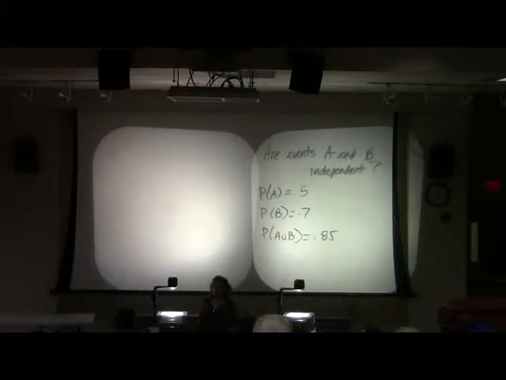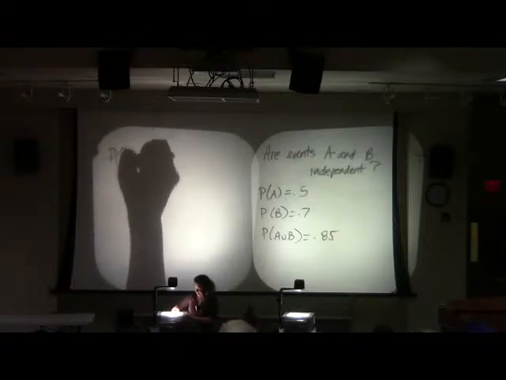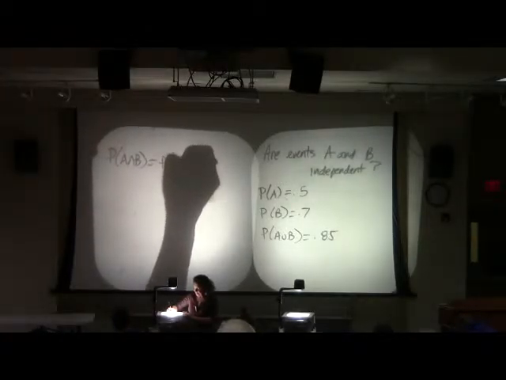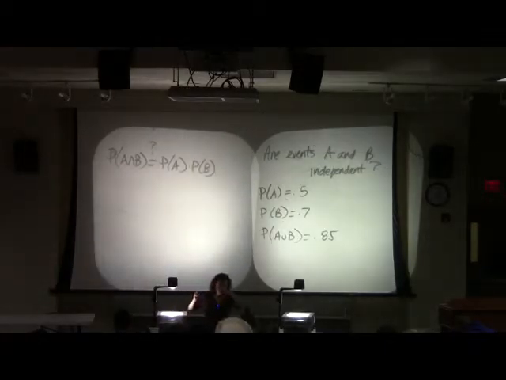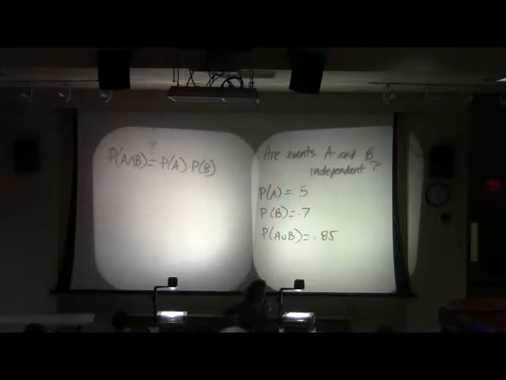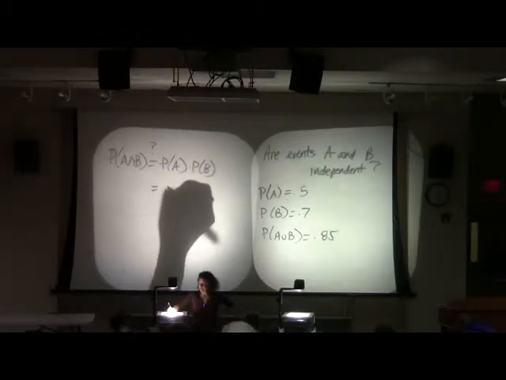Okay. What is it that we're wanting to know? Are they independent? Well, the way to check independence is you ask, is the probability of the intersection equal to the product of the probabilities? You all agree that this is what we're looking for here. Okay. Well, do we know what the probability of A is?